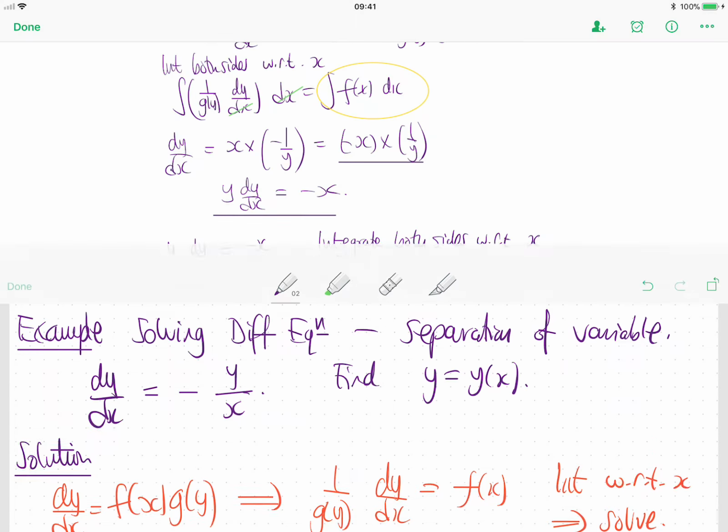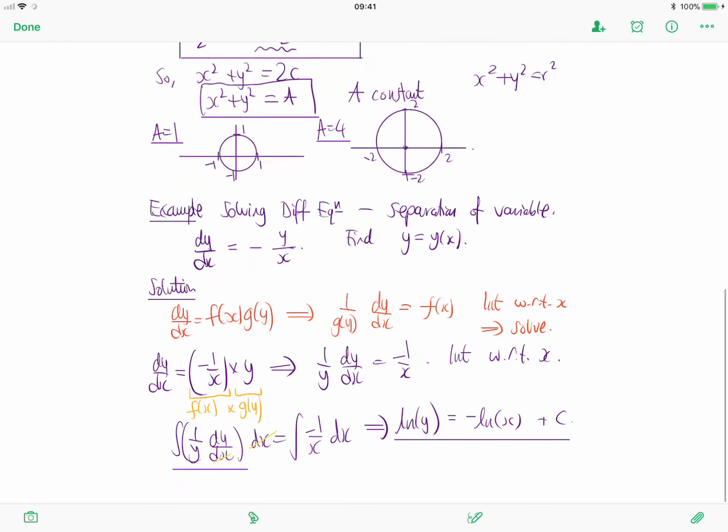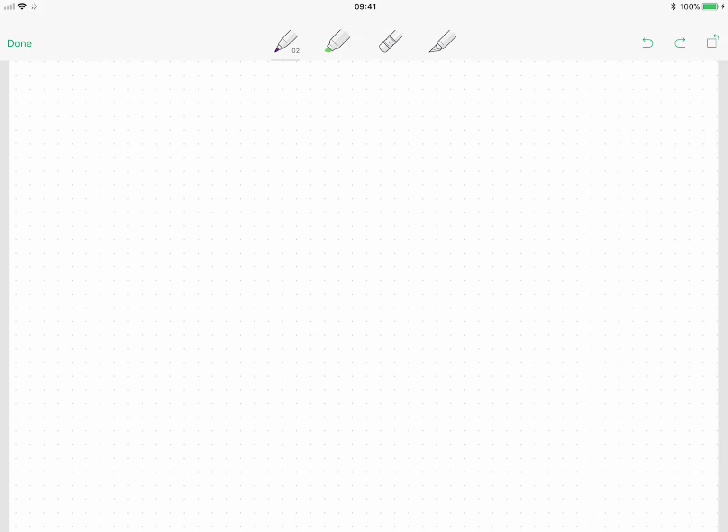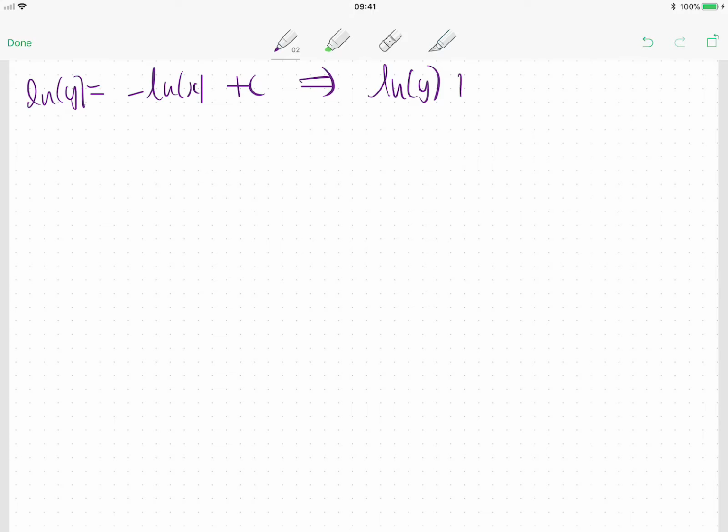Starting a clean page, we have log y equals minus log x plus c. Collect all the logs on one side. The rule for logs is that the sum of two logs is the log of the product. That's looking much better already.